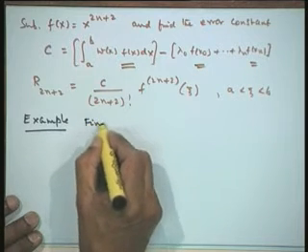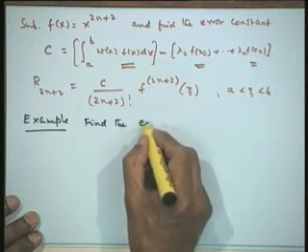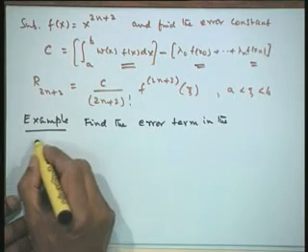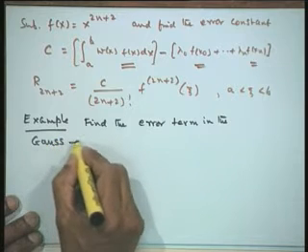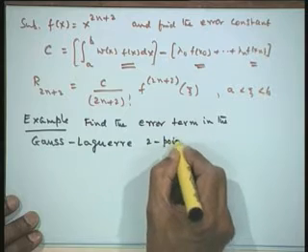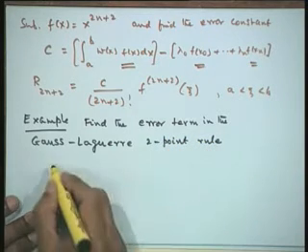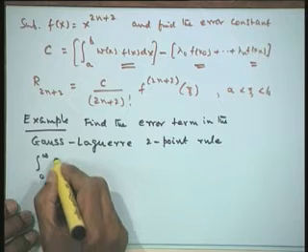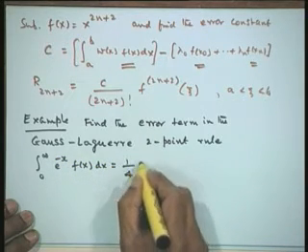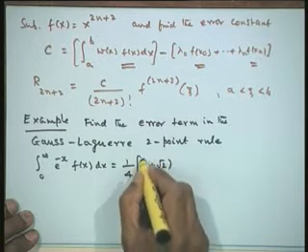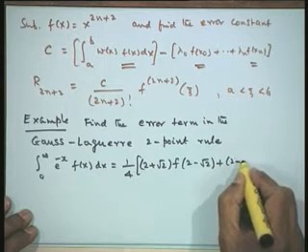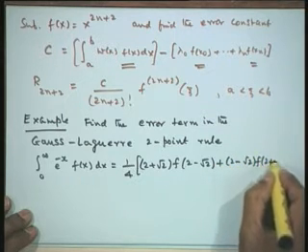Find the error term in, let us take the Gauss Laguerre 2-point rule, that is the integral from 0 to infinity of exponential of minus x f(x) dx is 1 upon 4 times (2 plus root 2) f of (2 minus root 2) plus (2 minus root 2) f of (2 plus root 2).